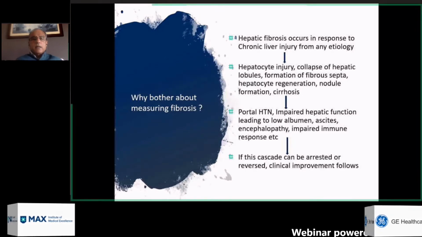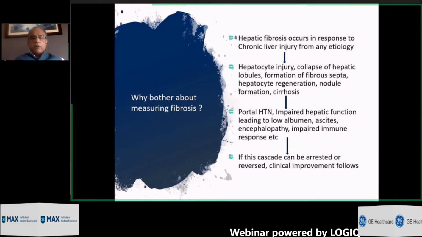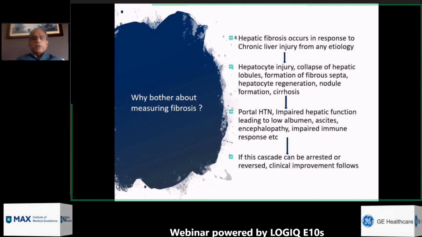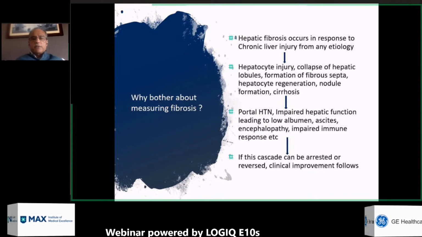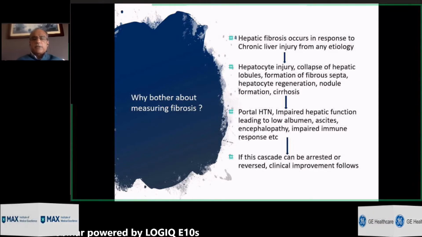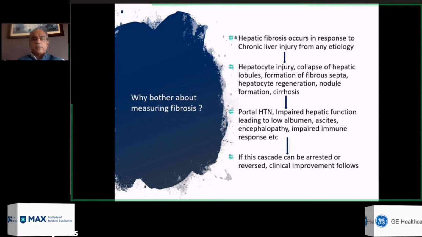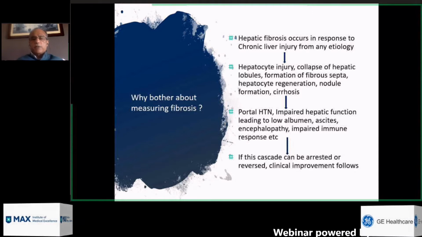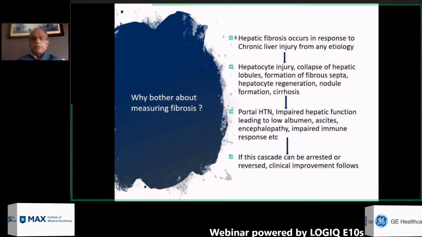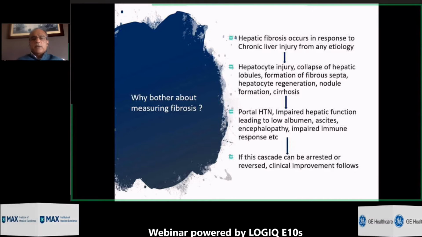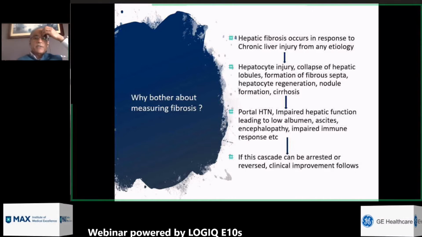I think this has been covered a lot by Dr. Dhar and Dr. Nidhi. So why do we bother about measuring fibrosis? Hepatic fibrosis occurs in response to chronic liver injury from any etiology, whether it is alcohol or hepatitis C or hepatitis B or fatty liver disease. This hepatocyte injury eventually results in collapse of hepatic lobules, formation of fibrous septa, hepatocyte regeneration, nodule formation, and cirrhosis.